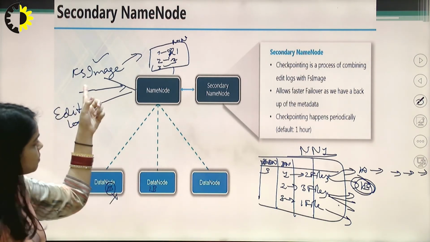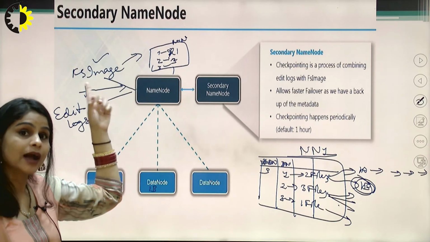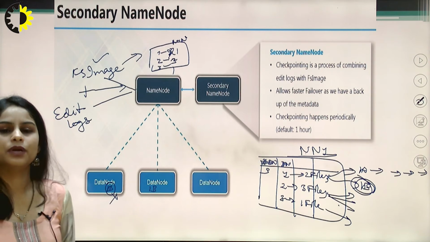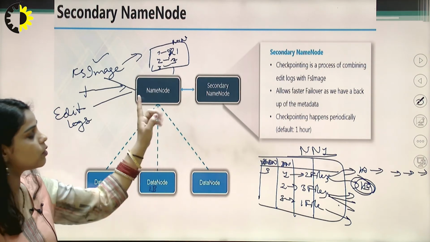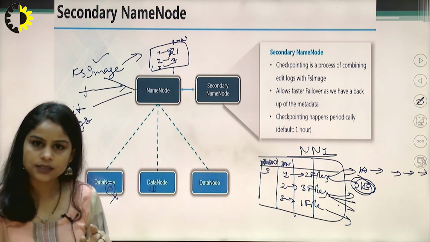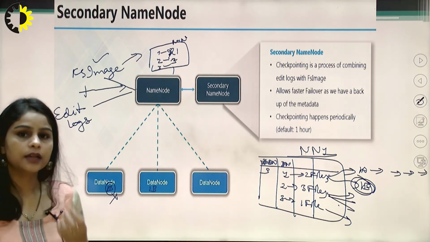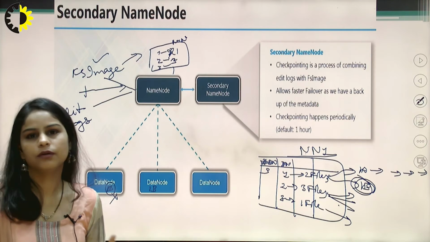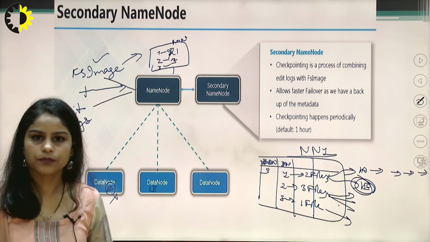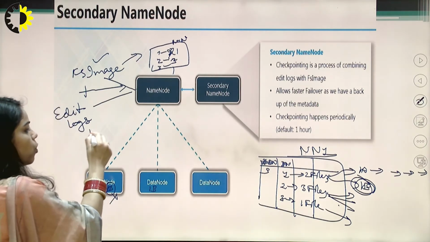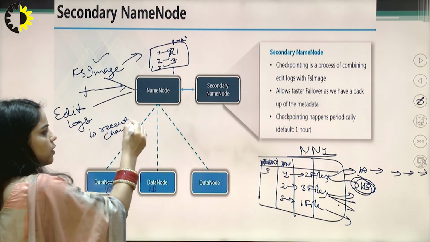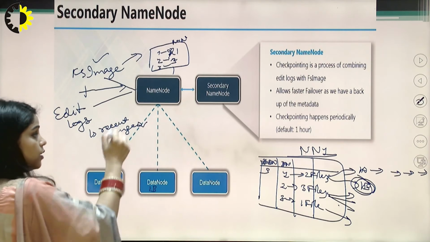So FSImage will be created 20 days back and it will be holding all the changes from the beginning to the present date that have been done on the name node. Whereas the edit log will contain the records of the changes that might have happened in the last 1 hour. Right? So they will be having only recent changes that are done in the name node.